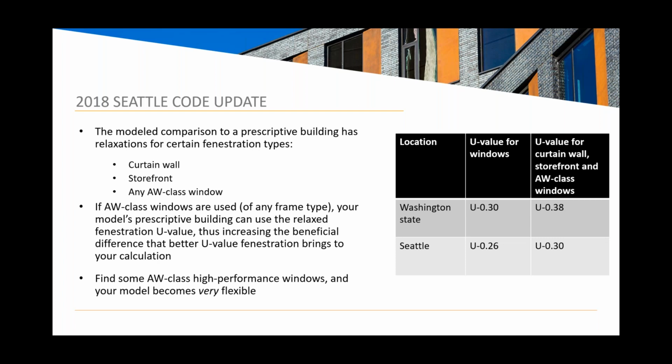The U value that you're going to put into the prescriptive building to make a comparison is either U.30 if regulated by the first column, or if it's AW class, you're going to put in your prescriptive building U.38. And so the delta between 0.38 and your actual 0.25 product being so much more gives so much benefit to your model that that's the reason for the increase in flexibility.